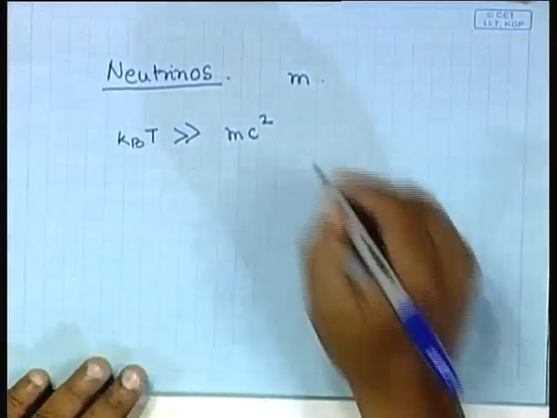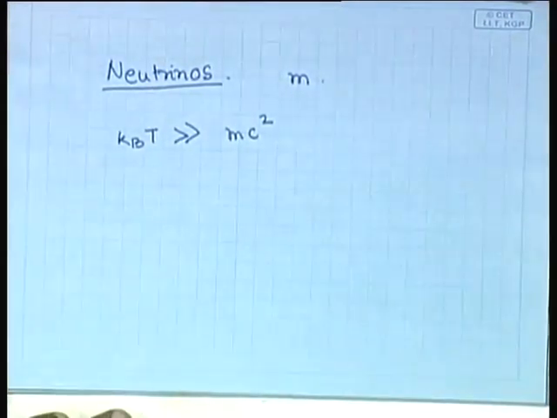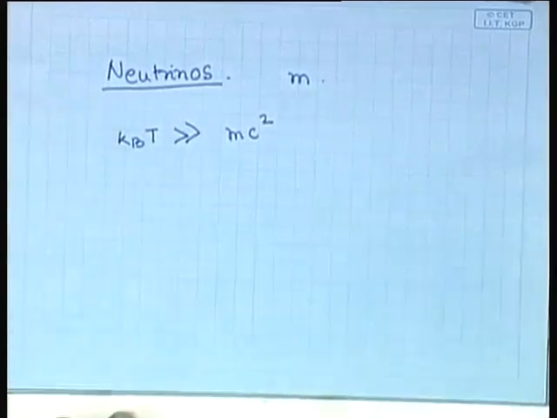Then the neutrinos go out of thermal equilibrium. Just like the photons I told you, after some time they go out of thermal equilibrium and do not interact with anything. Once they go out of thermal equilibrium, there is just free expansion.